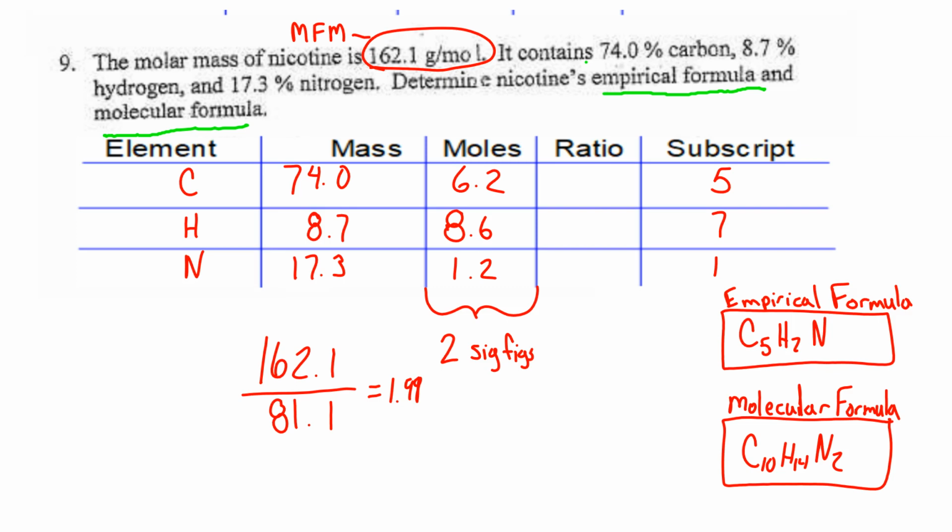Now, to get from mass to moles, remember, I have to divide by the molar mass. So here I'm dividing by 12.01, and that's going to give me 6.2.